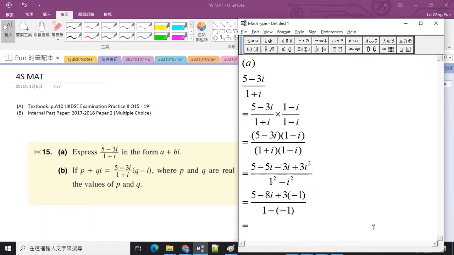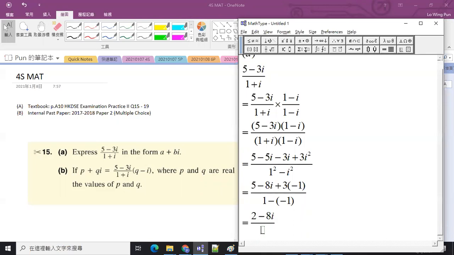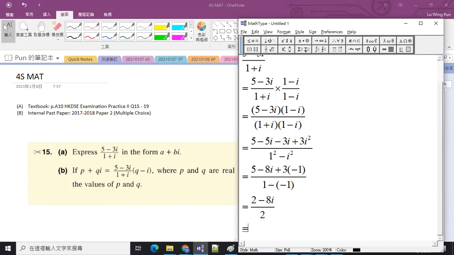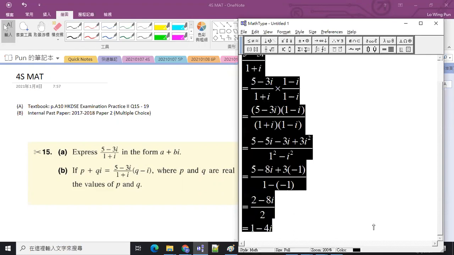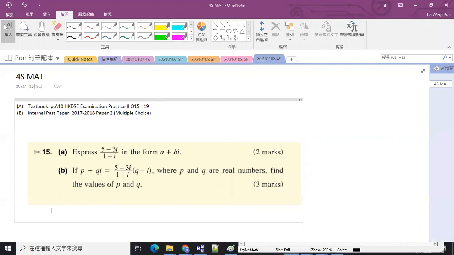Continue to simplify: 5 minus 3 is 2, minus 8i, divided by 2. Split the fraction into the real part and the imaginary part. It should be 1 minus 4i. So a is equal to 1 and b is equal to -4, and that is the answer of part A.